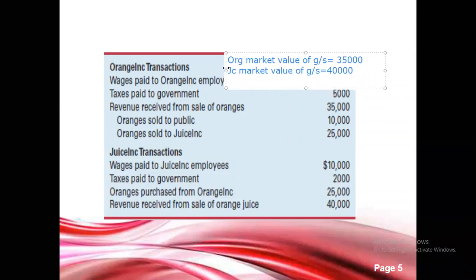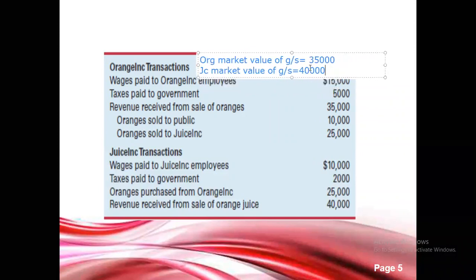But I already told you about the double counting concept. So you have to subtract 25,000 from 40,000, because this 25,000 is the revenue of Orange Incorporate. If you subtract it, you will get 15,000.